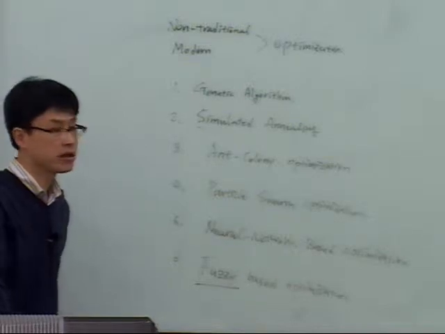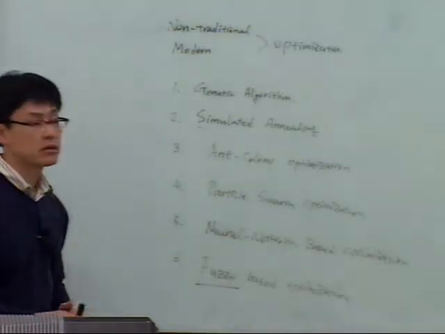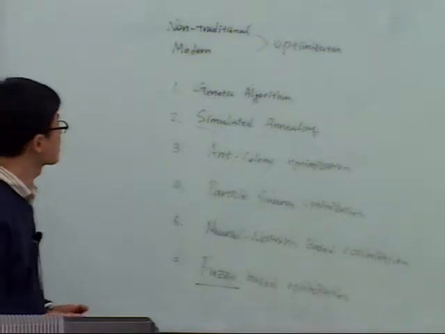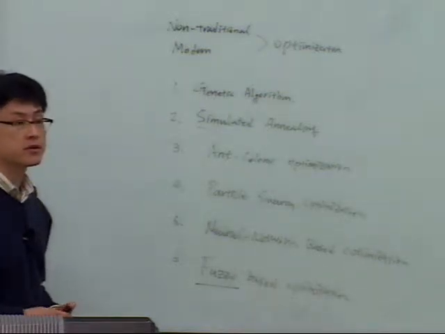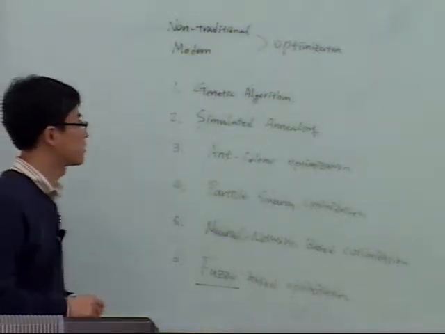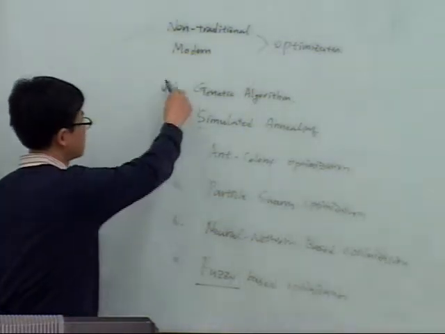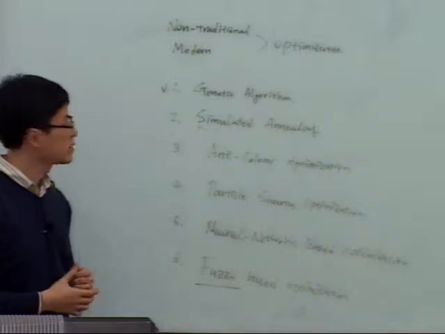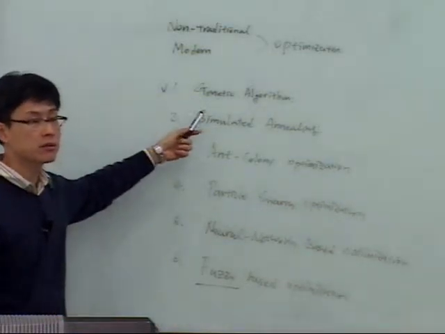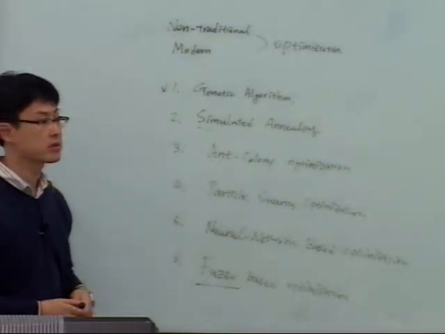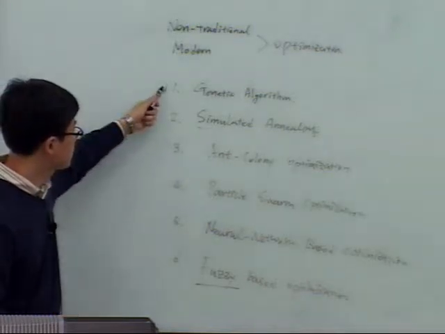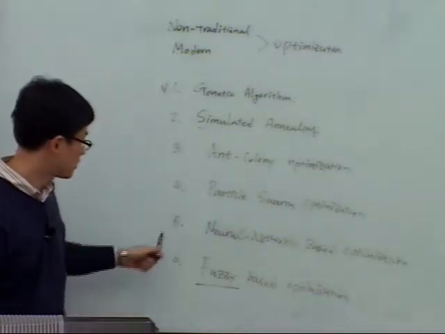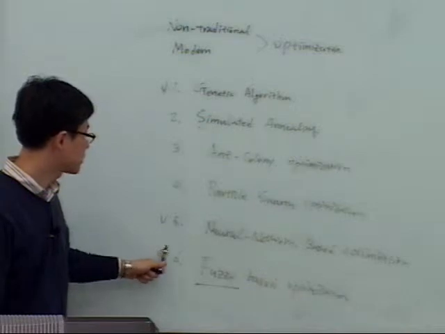Okay. Anyway, these are the typical and most famous modern optimization techniques. And today, I'd like to talk about the genetic algorithm. Unfortunately, we don't have enough time to cover everything in this course. So I will try to cover number 1 and number 5 and 6.